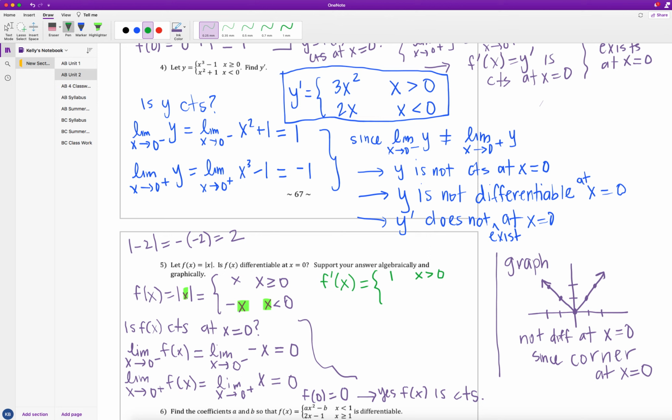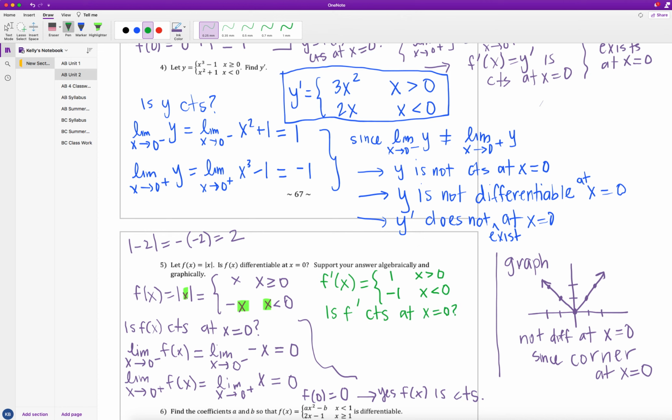If I take the derivative of the bottom function, that would be -1, and that holds true when x is less than 0. Now, we know that the original function is continuous, but we also know from the graph that the derivative should not exist at 0. So something has to fail here when we check if f prime is continuous. Specifically, we're checking that continuity at x equals 0.